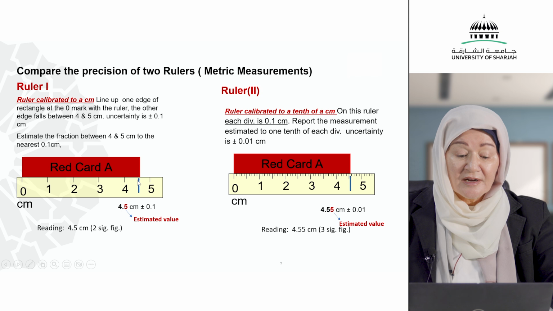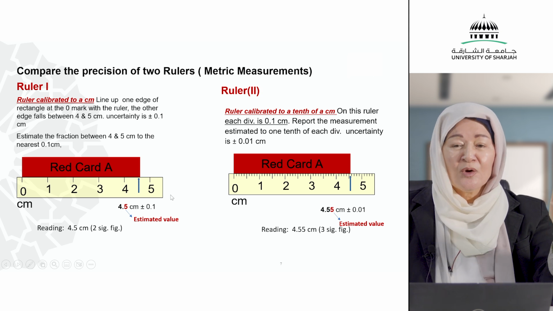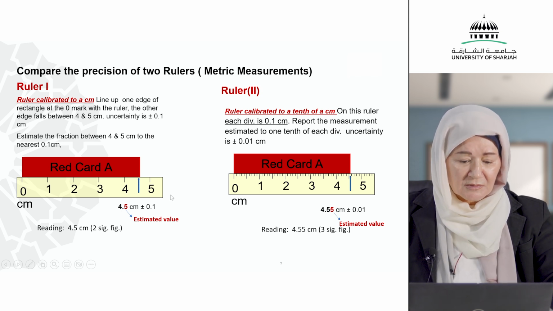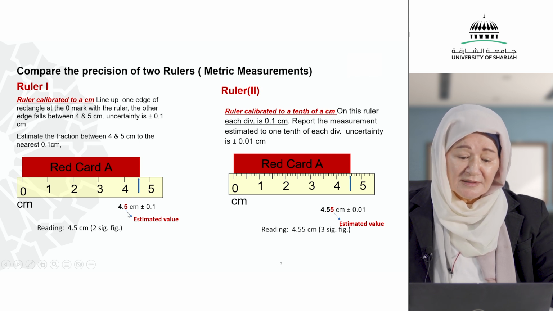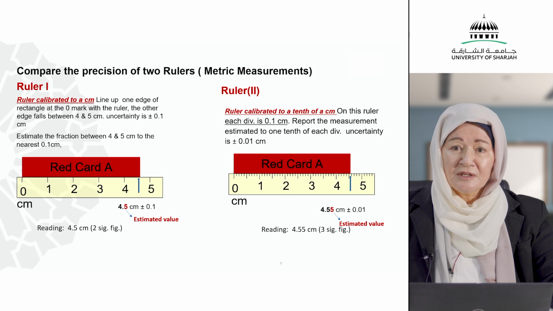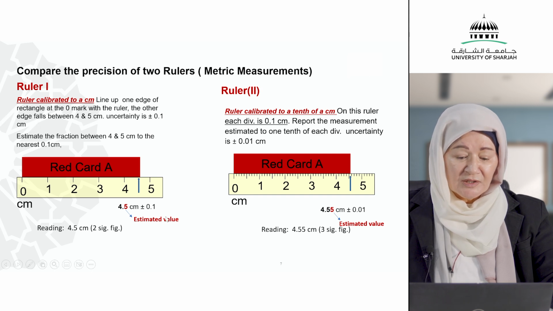I saw that the card comes between 4 and 5, almost exactly in the middle. So I say to myself, it's 4.5. But this 0.5 is an estimated value. So what do I record? The measurement, 4.5 plus or minus 0.1.